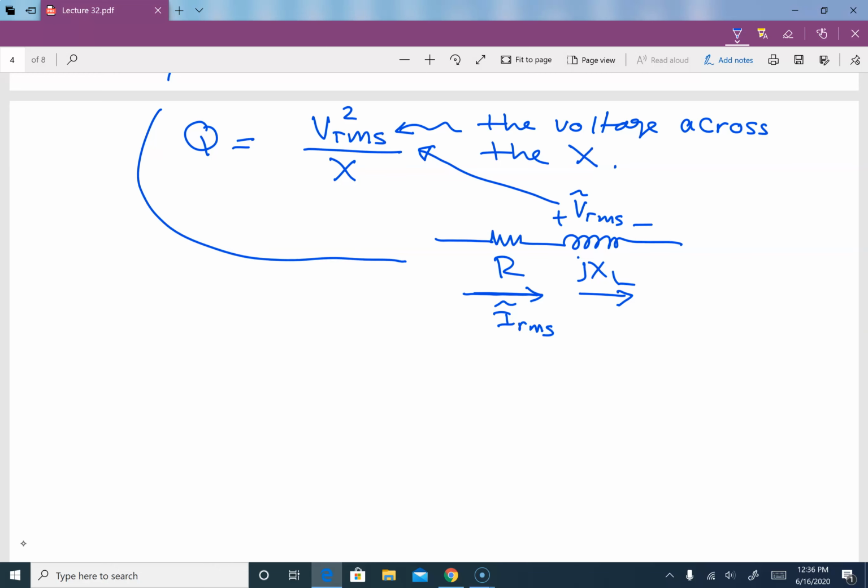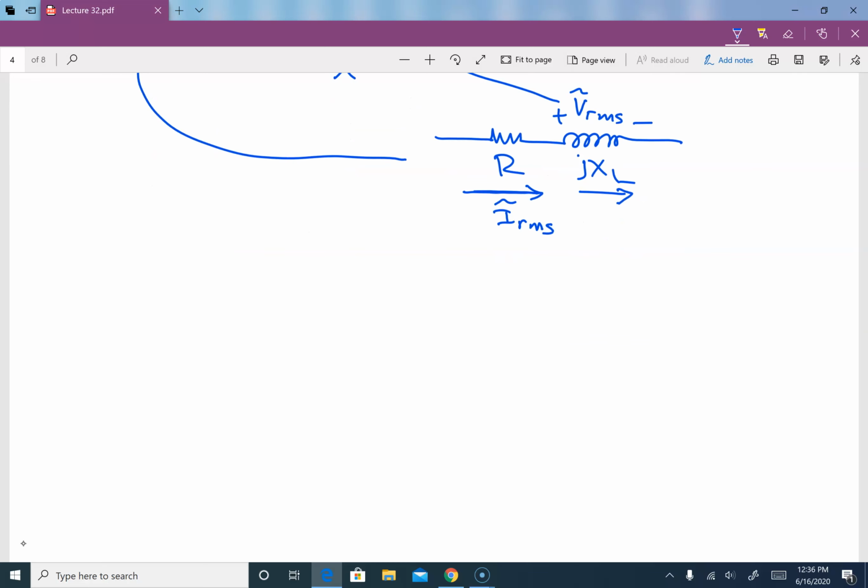So now let us go over an example to show you the application of these equations.